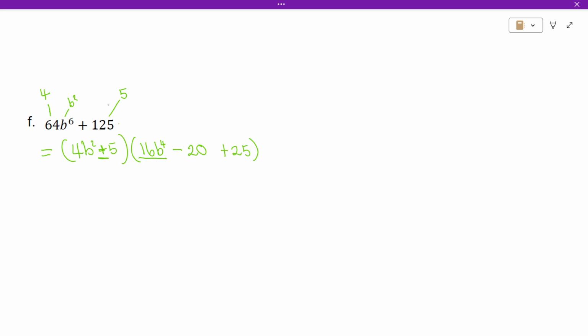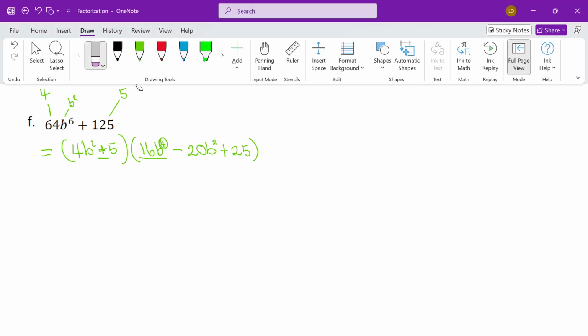So this first value needs to have double the exponent of the middle value. So we need to find half of this exponent for our middle term. So that's going to be b squared as opposed to cubed. And that's how you'd find the middle term.